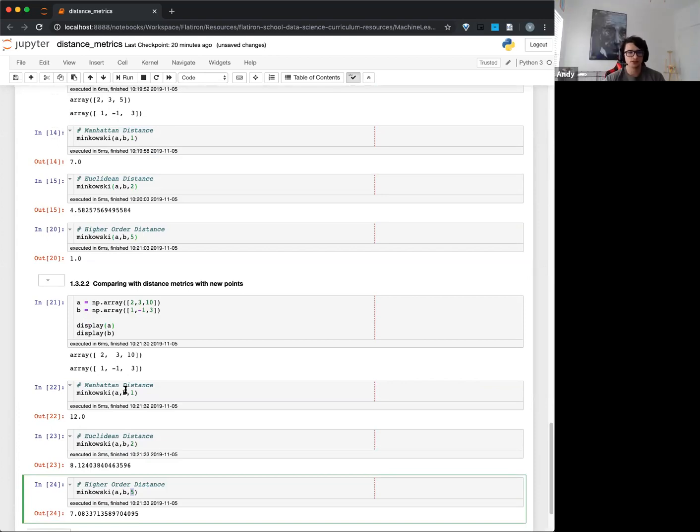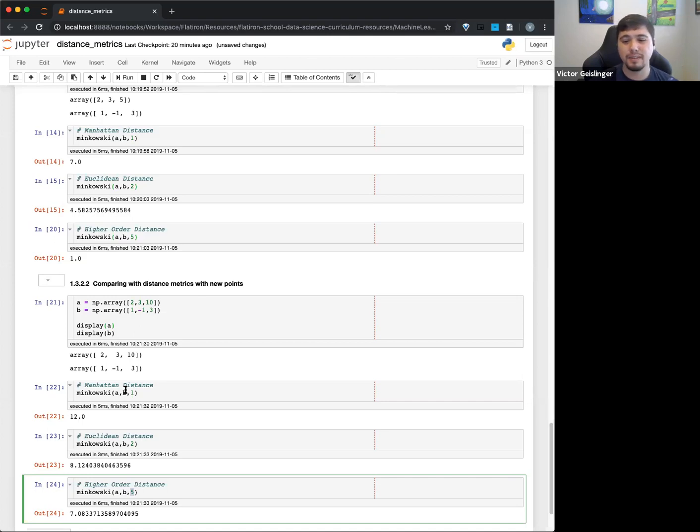When would you use a higher order than 2? Yeah, this is a good question, and the main thing is that it depends on what you're doing. For K-Nearest Neighbors, it tends to be that Euclidean distance is one of the best ones.